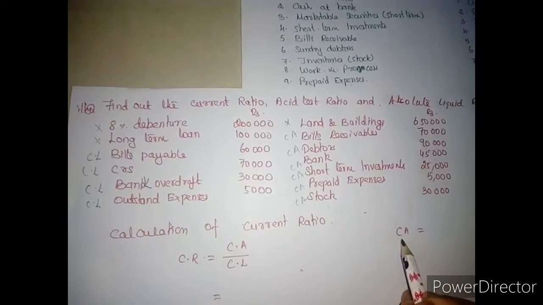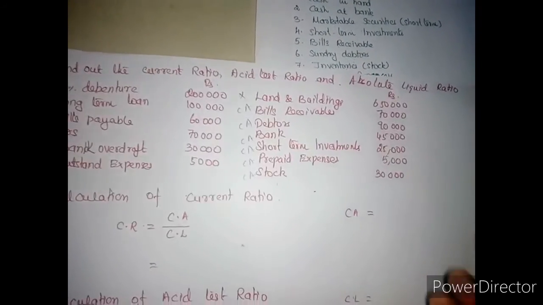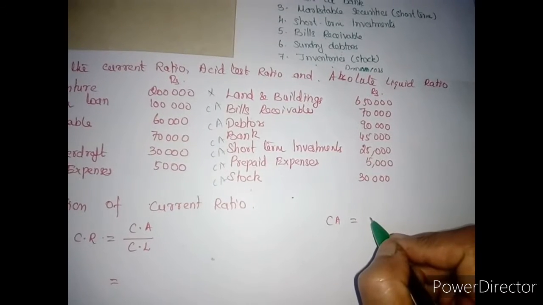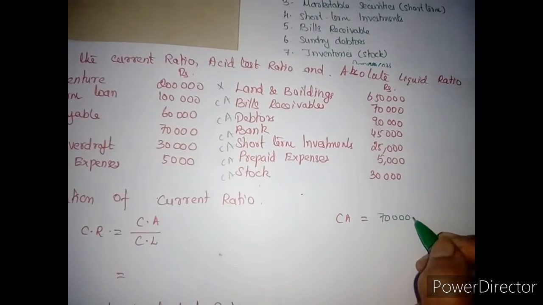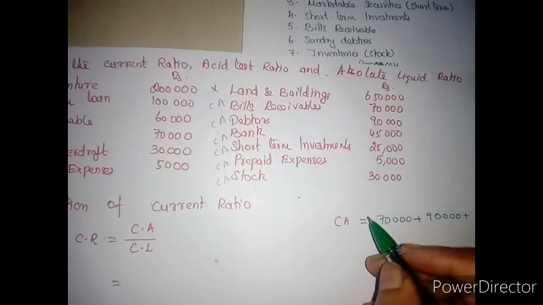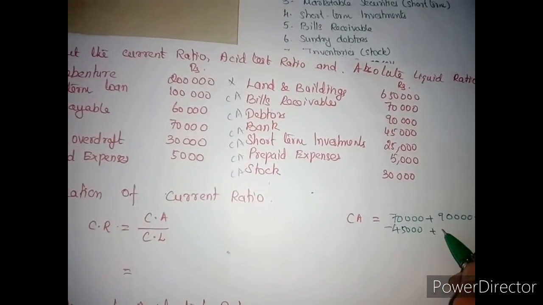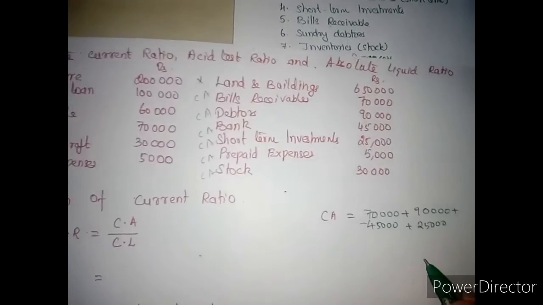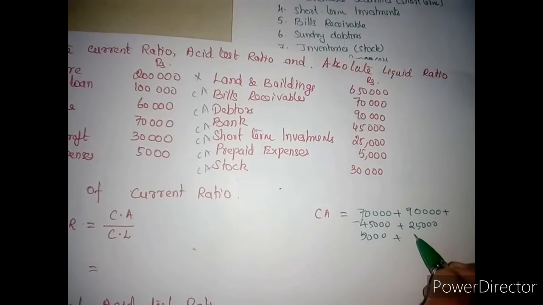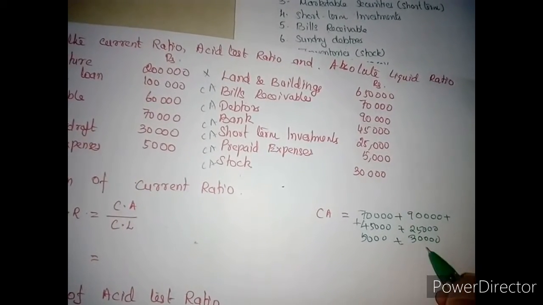So we have to total all these current assets and all these current liabilities. Current asset: bills receivable 70,000 plus debtors 90,000 plus bank 45,000 plus short term investment 25,000, prepaid expenses 5,000 plus stock 30,000. 6 items.